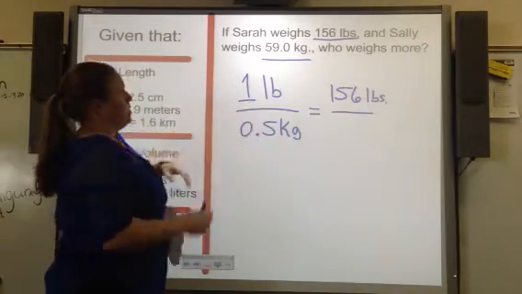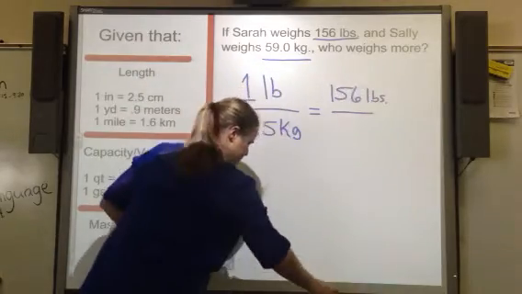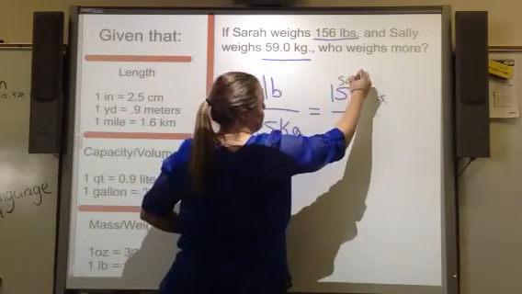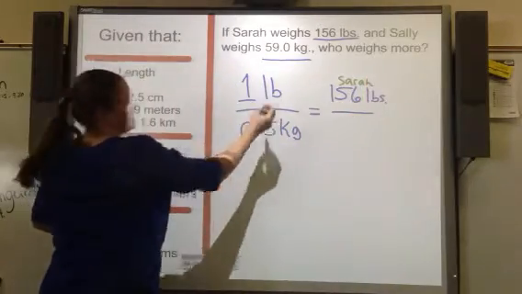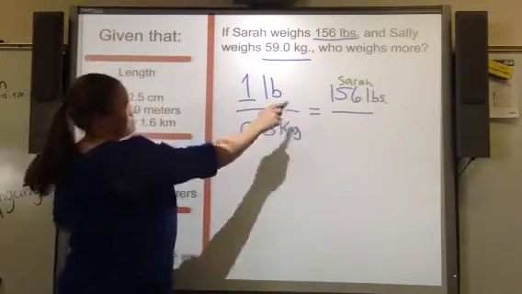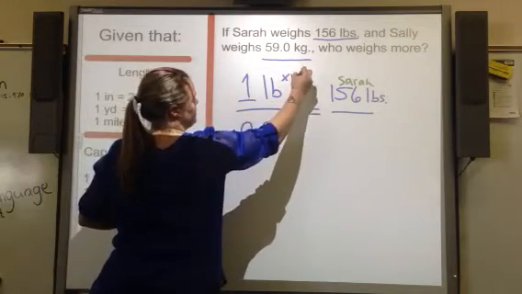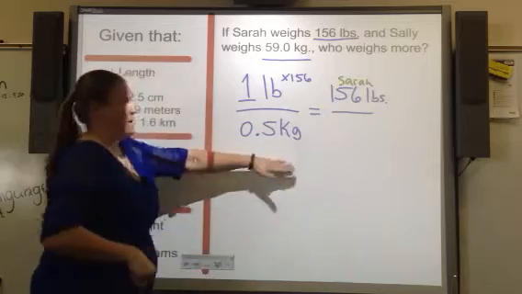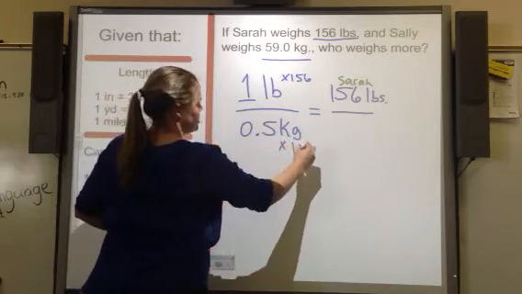So this is 1 pound, and this is for Sarah. I'm going to put Sarah's name so that I remember this is Sarah. Sarah's in the pounds. If I go across for equivalent fractions, 1 pound times 156 equals 156. I'm going to do the same thing to the bottom to find the equivalent fraction for the proportion.